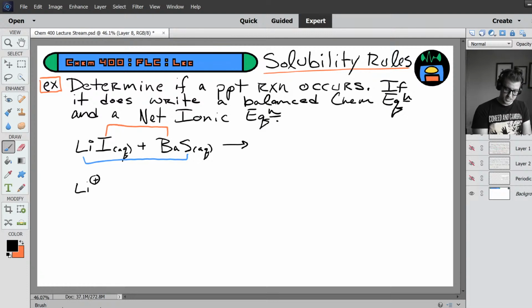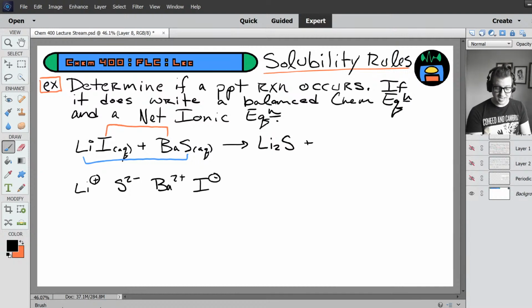Lithium's a cation with a +1 charge. Sulfide is an anion with a -2 charge. So lithium sulfide will be Li2S. Plus, now we have barium, which is a cation with a +2 charge, and iodide, which is an anion with a -1 charge. So barium iodide is going to be BaI2.